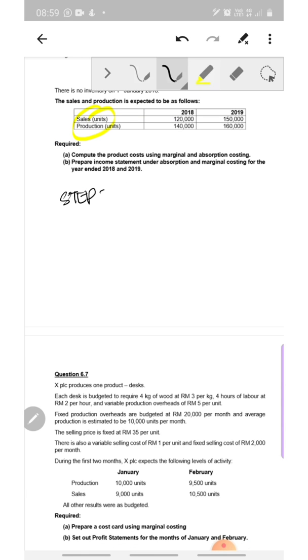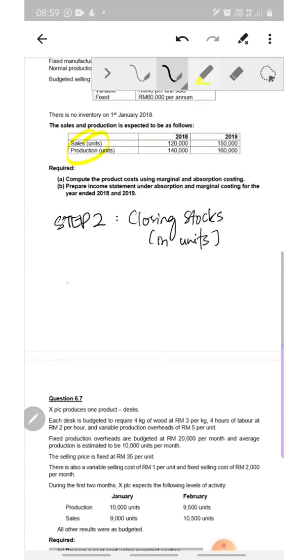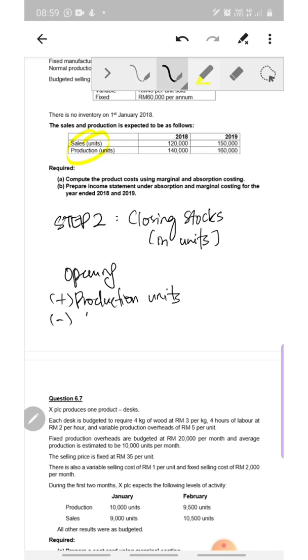Okay, step number 2. Calculate closing stock in units. The formula is opening plus production units minus units sold. We'll do it for 2 years, 2018 and 2019.